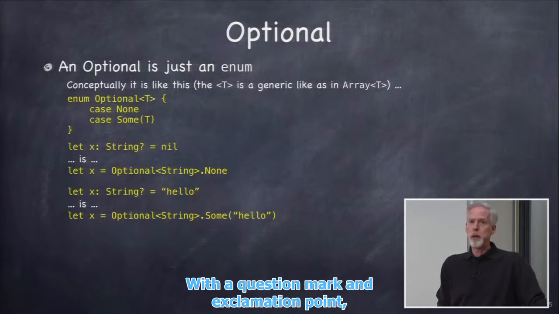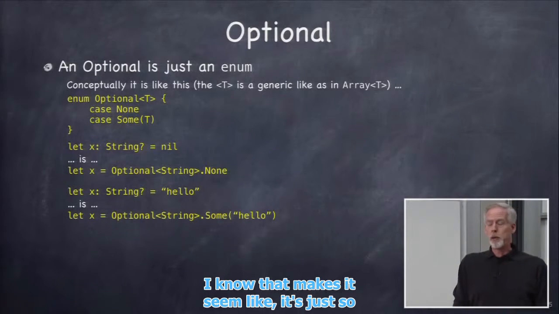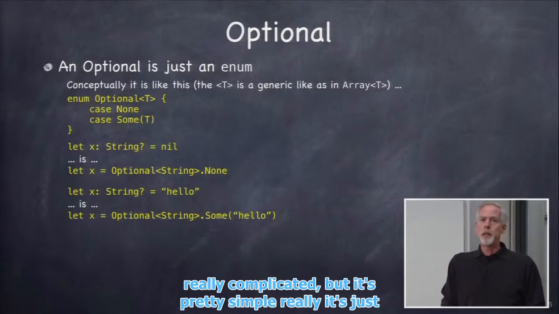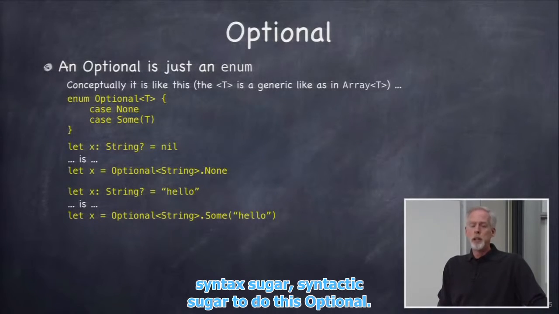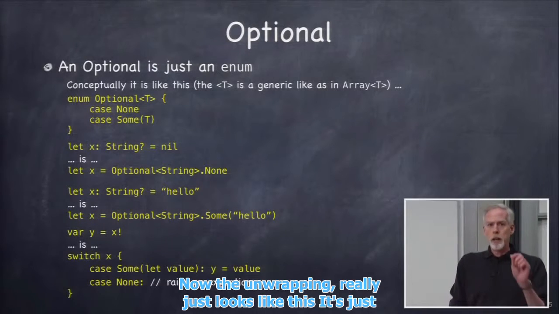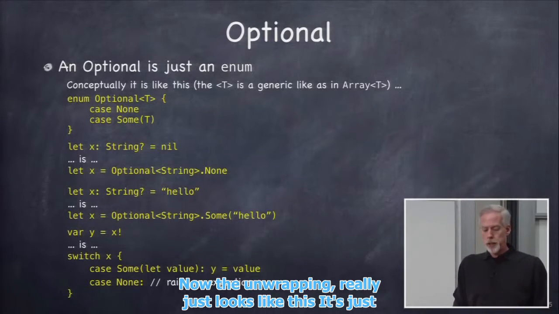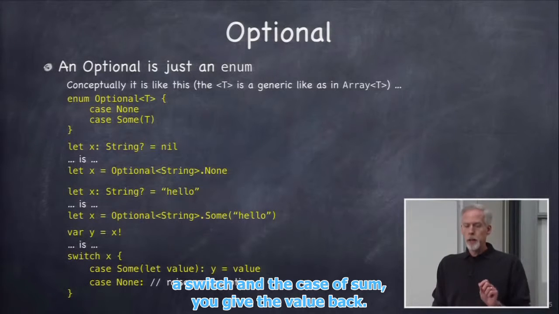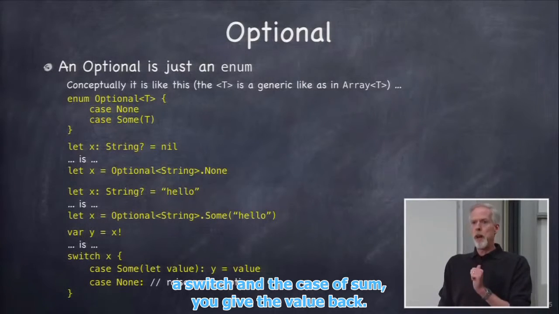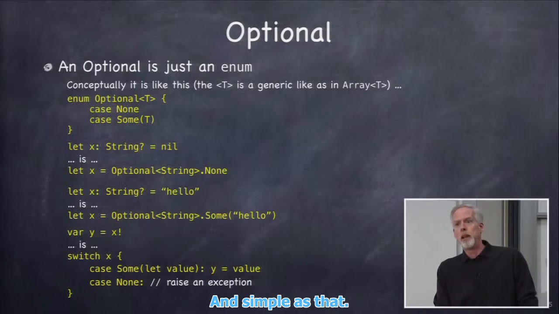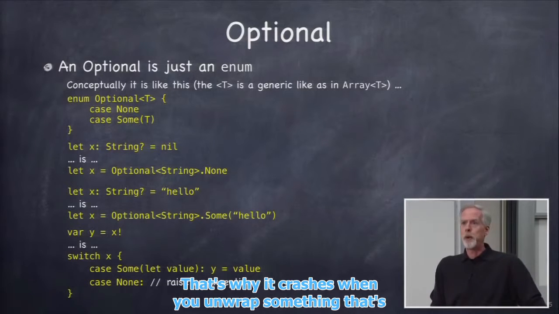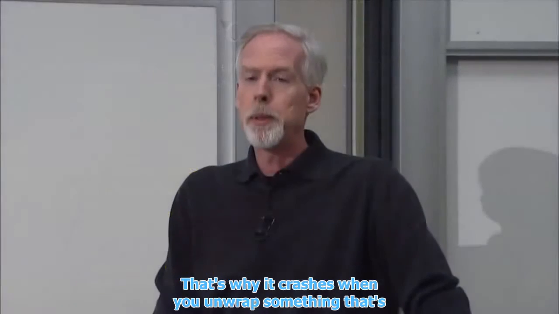The question mark and the exclamation point make it seem like, whoa, it's really complicated, but it's pretty simple, really. It's just syntactic sugar to do this optional. Now, the unwrapping really just looks like this. It's just a switch. In the case of some, you give the value back. And in the case of none, you raise an exception. Simple as that. That's why it crashes when you unwrap something that's nil.